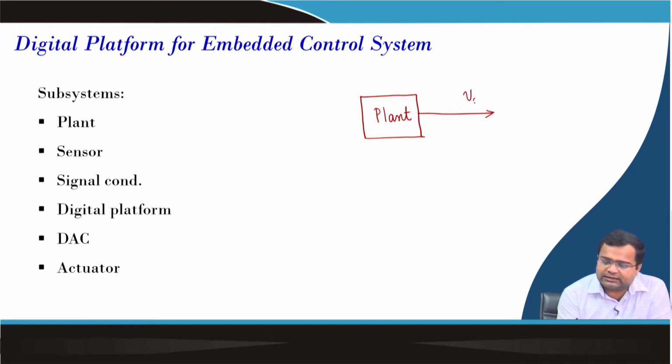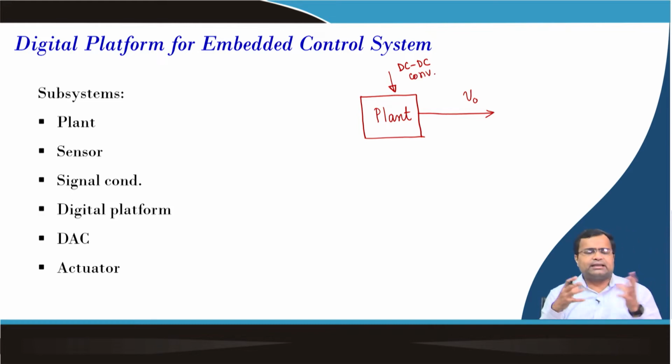So, we want to link that this output, in this case, is the output voltage. So, this can be simply DC-DC converter. But it is not necessary, this embedded control system can be applied in many branches of engineering, but here we are considering DC-DC converter as a case study.